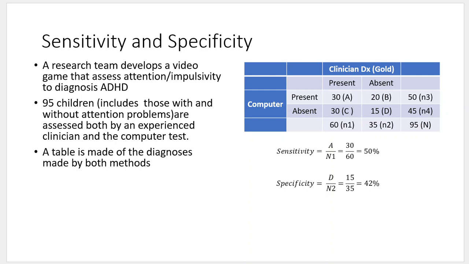And with specificity, we take the number of kids where the gold standard and the computer agreed that they did not have the diagnosis, and divide that by the total number N2 who the gold standard said didn't have it, and we see it's only 42%.